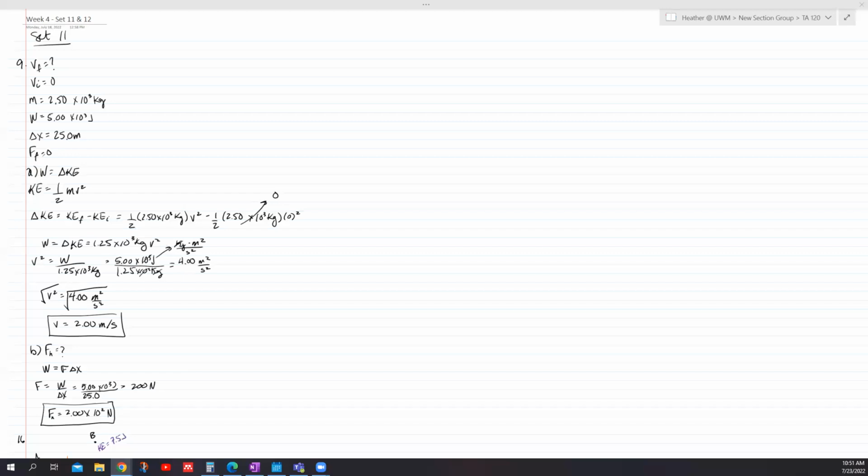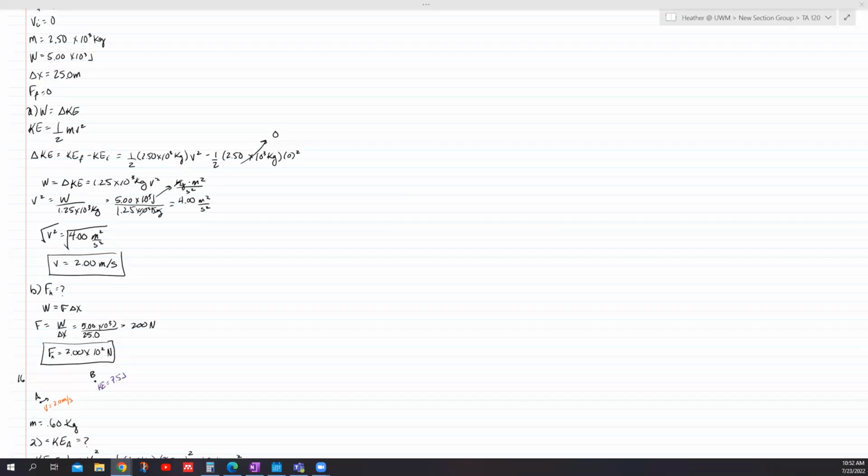So we end up with V squared equals W over 1.25 times 10 to the 3rd kilograms. We do some canceling. We put in work that we were given, 5.00 times 10 to the 3rd, and we end up with 4.00 meters squared per second squared, but that's velocity squared, not velocity. So we're going to take the square root of both sides, and we're going to come up with the ending velocity of 2.00 meters per second.